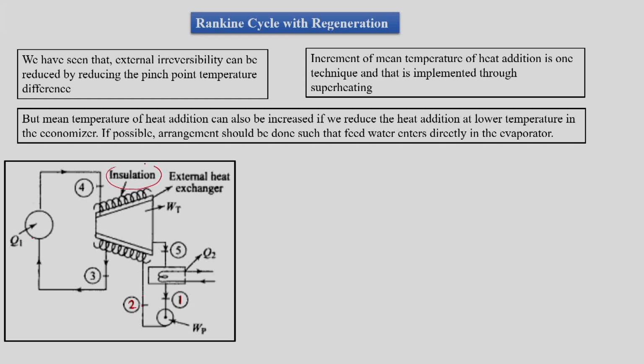Practically we have insulation in the turbine, but in the case where we are saying that we have heat transfer from the turbine steam to the water, we are expecting no insulation, and then heat will be transferred. Due to this heat transfer, water will come to state 3, where it has almost reached close to the saturation part.